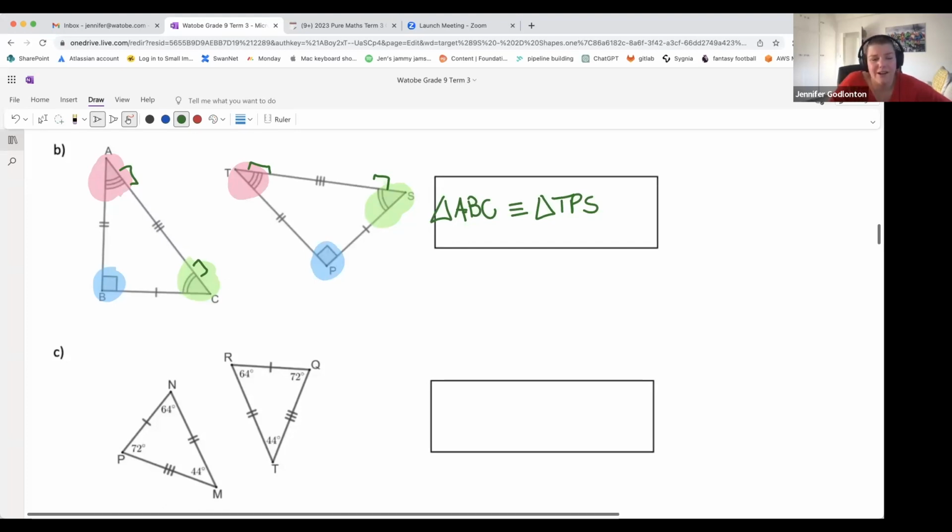But what else could I write? Side, 90 degrees. Yeah, I could do side, or I could do RHS, or I could do side angle side.